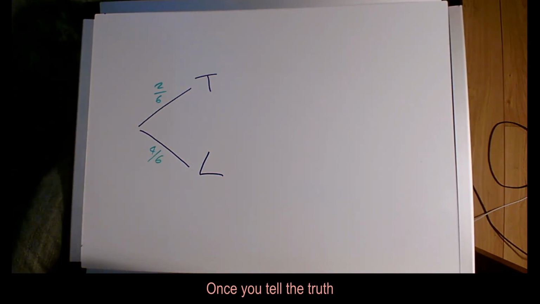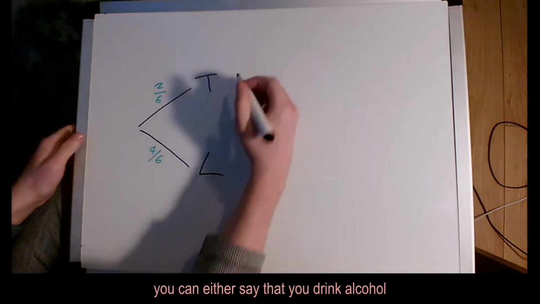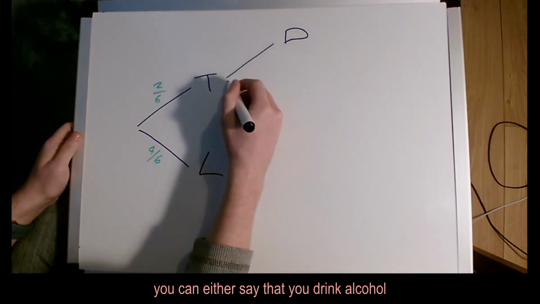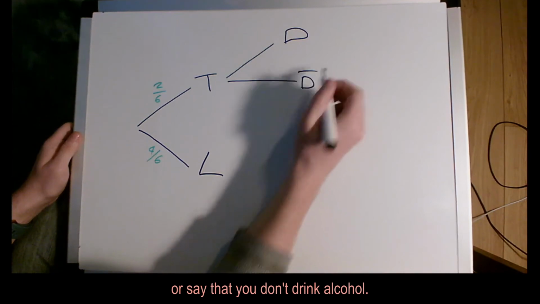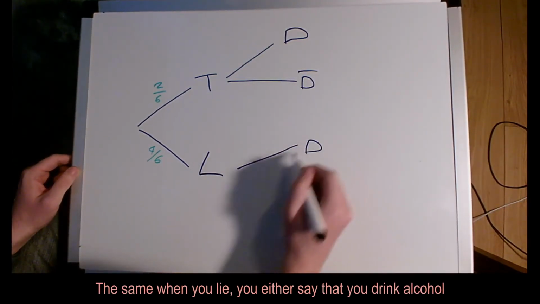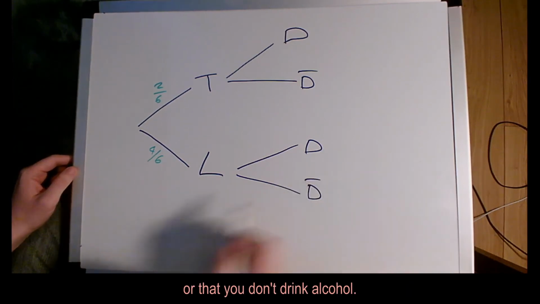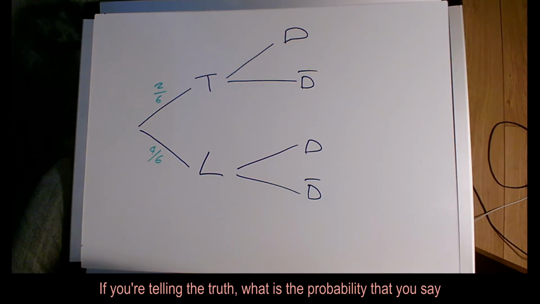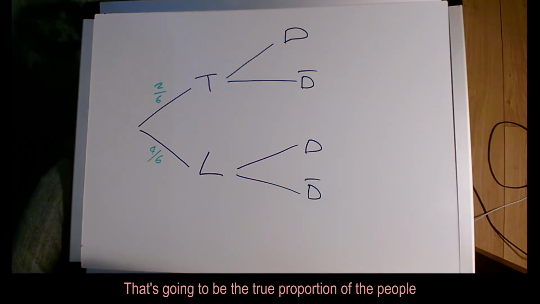Once you tell the truth, you can either say that you drink alcohol or say that you don't drink alcohol. The same when you lie. If you're telling the truth, what is the probability that you say you drink alcohol? Well, that's going to be the true proportion of the people who drink alcohol.